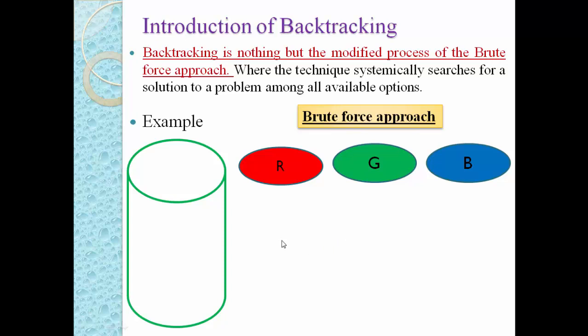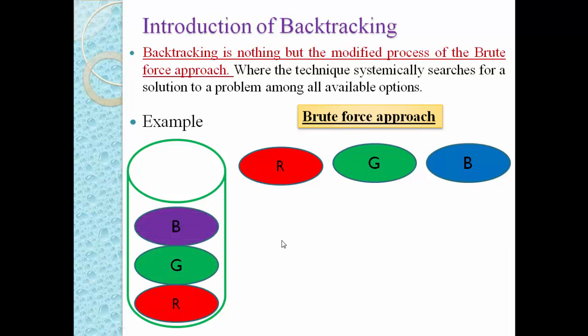For example, we fill the red object first, then the green object and then the blue object. So this is the first solution, and the sequence is red, green and blue. Now check another possible solution.